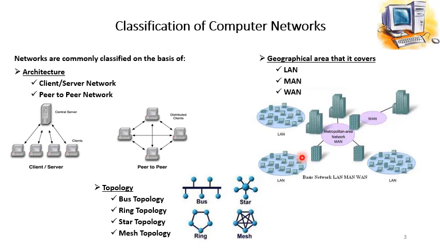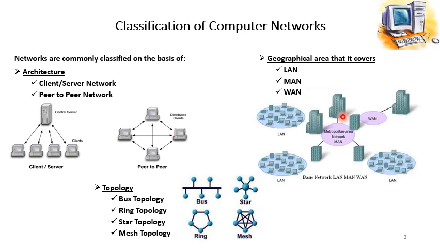When different LANs which are situated at different places in a city are connected with each other, as a whole that is called a MAN, metropolitan area network. So it is related to the area that a network covers.